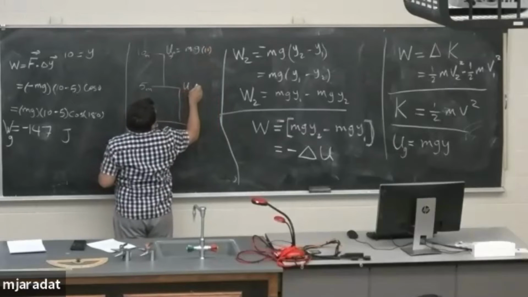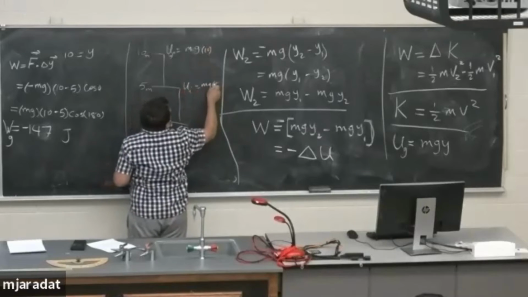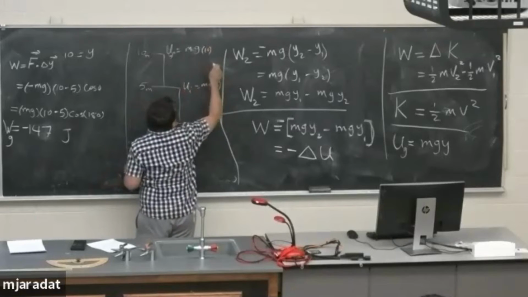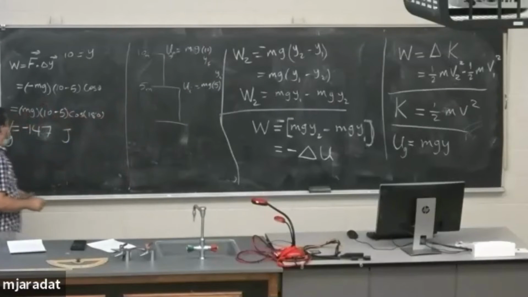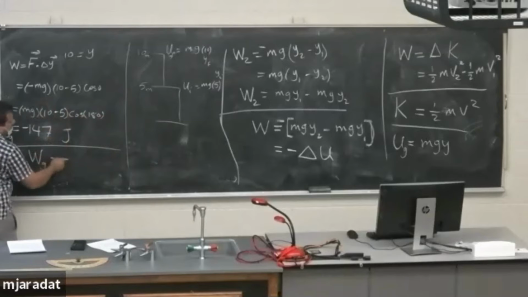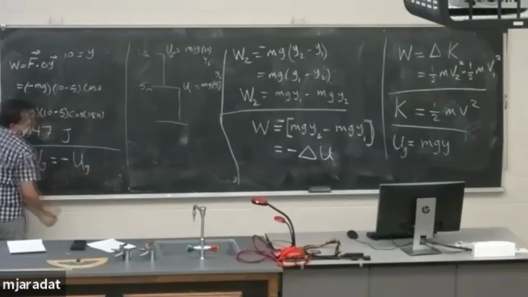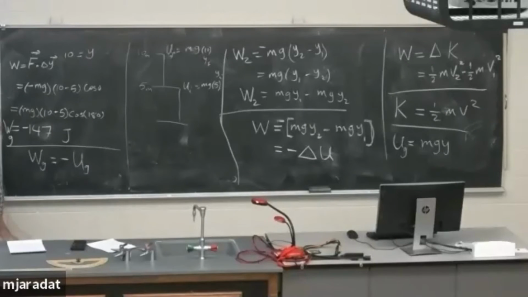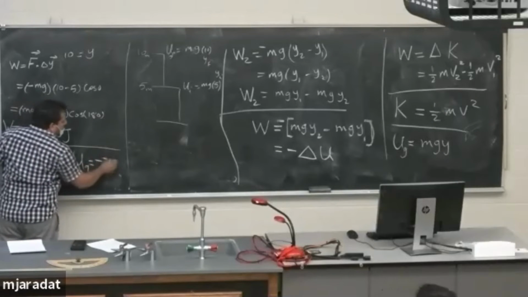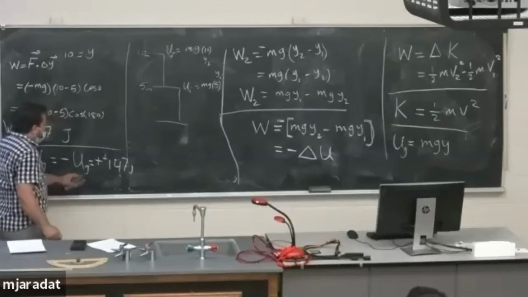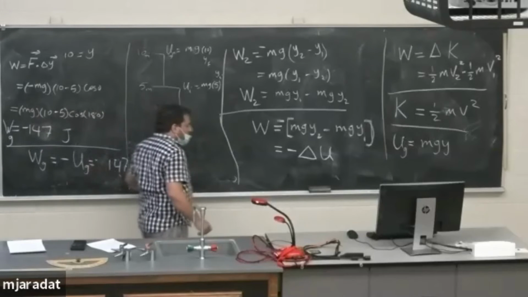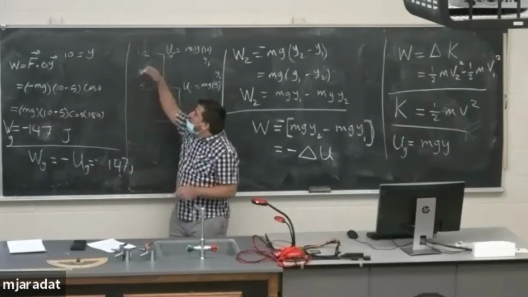And U initially is equal to mg multiplied by 5, which is y initial. And this is y final. I can solve two equations, but simply, we found now that the work done by gravity is equal to the negative potential energy change. So it will be equal to the negative of negative 147 joules, which is positive 147 joules. This is the change in potential energy.